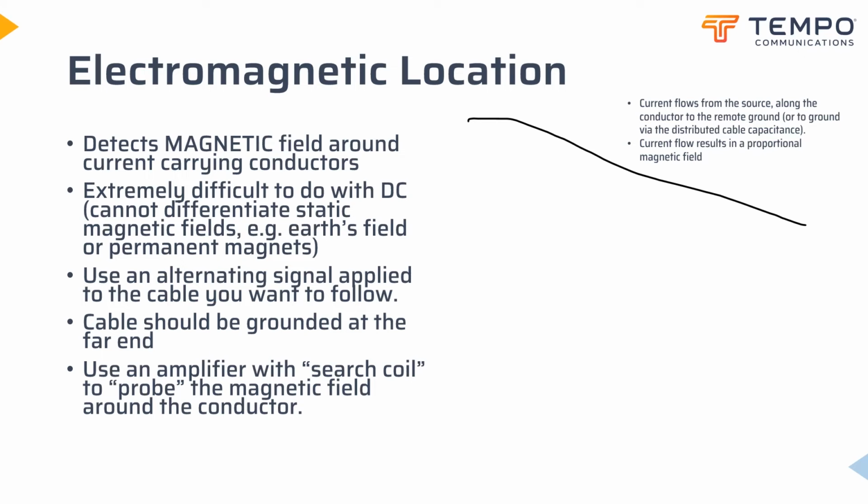That current, once established, will develop an alternating magnetic field around the conductor. The easiest way to do this is to connect a signal generator or oscillator, sometimes called a transmitter, directly between the conductor and ground.